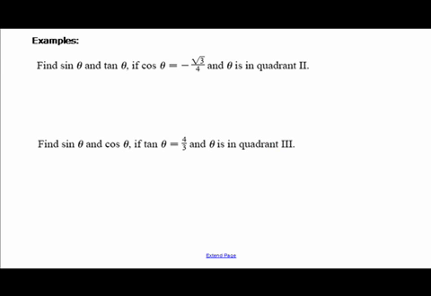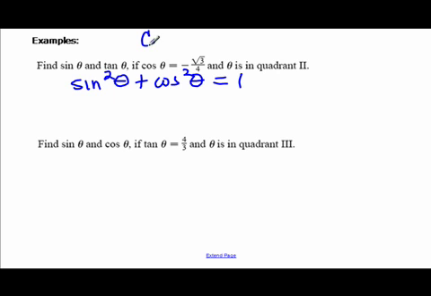So if we start with the fact that we know that sine squared plus cosine squared is equal to 1, let's fill in what we know. We're given cosine theta.